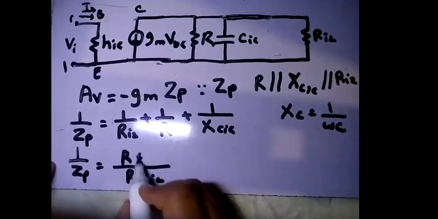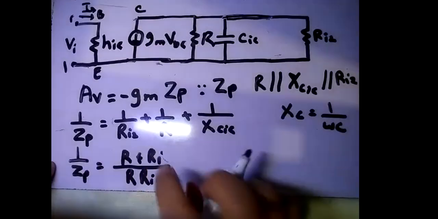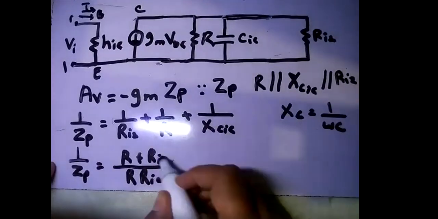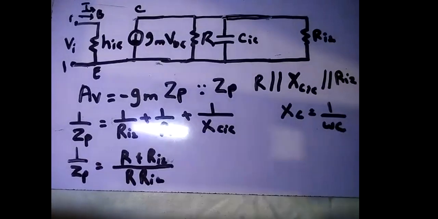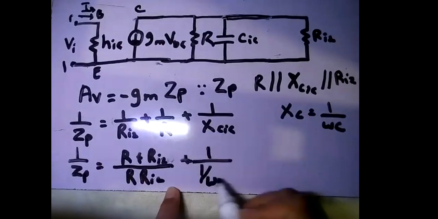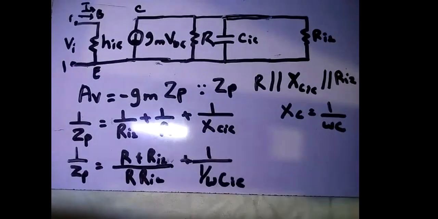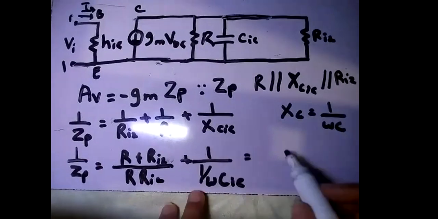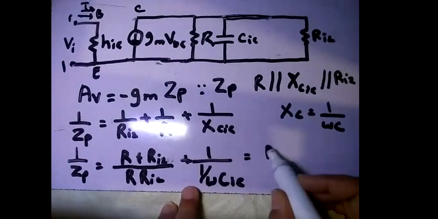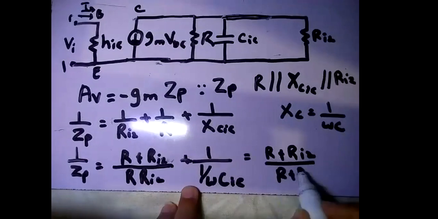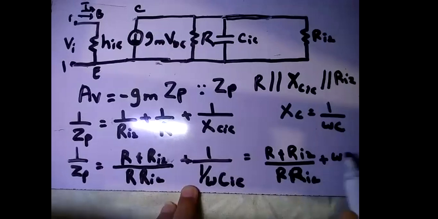R plus RI2 plus 1 divided by omega CIE. Now it will form R plus RI2 divided by R plus RI2 plus omega CIE.